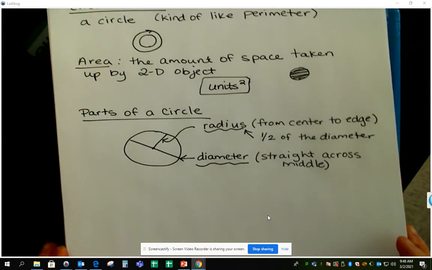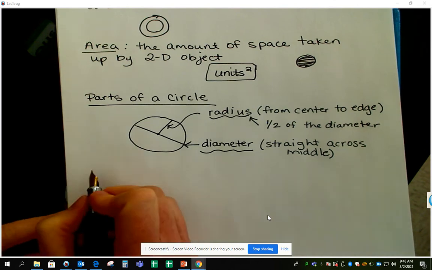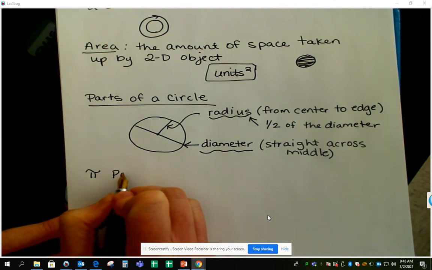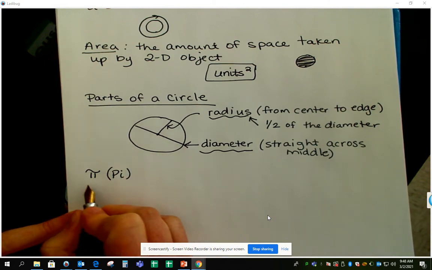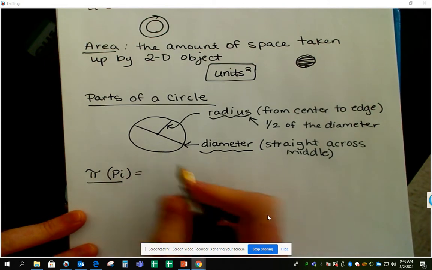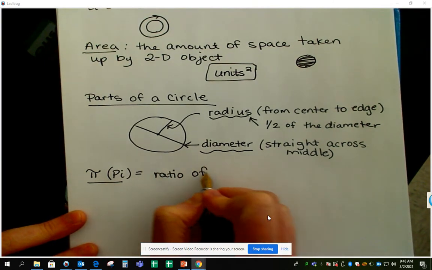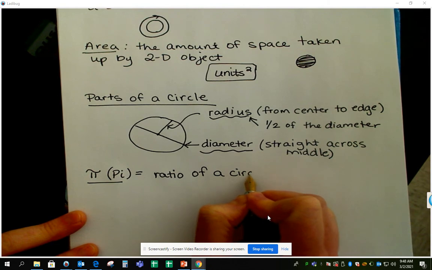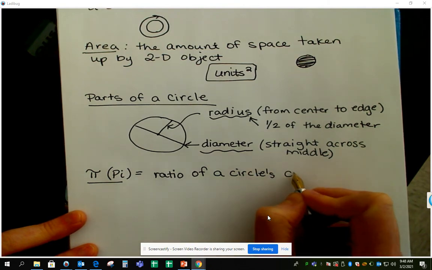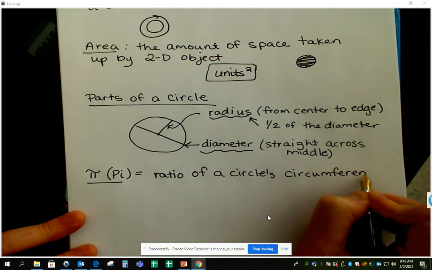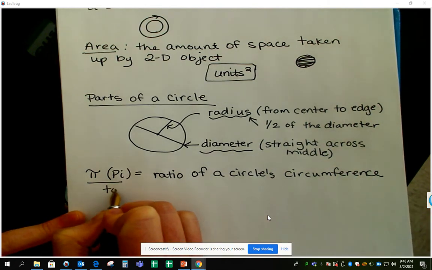All right, and then one more thing we need to know about circles is this symbol called pi. It's just a Greek letter. Okay, and this we use to represent the ratio of a circle's circumference to its diameter.